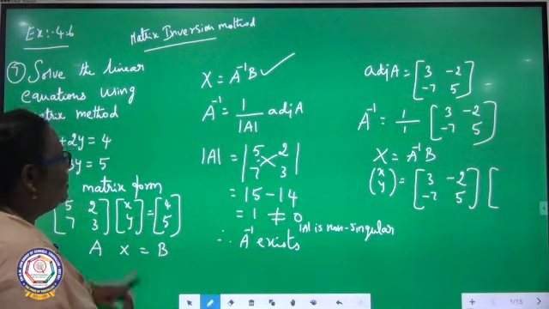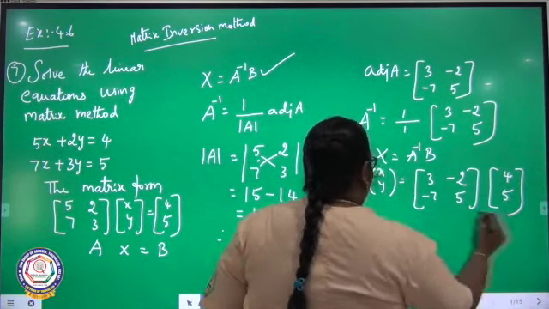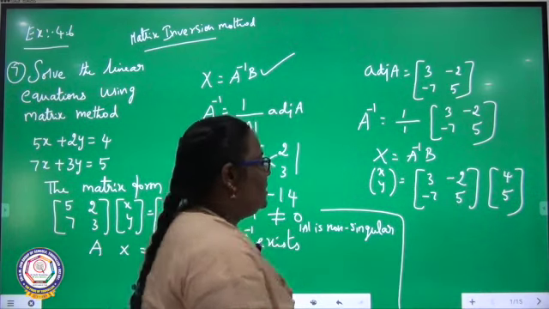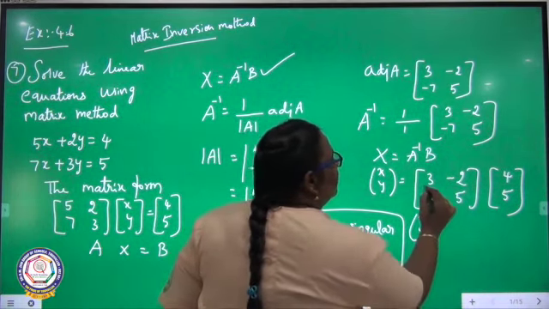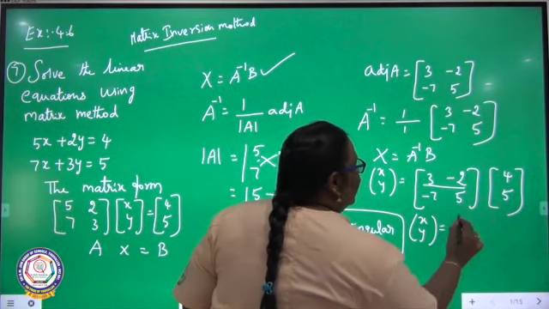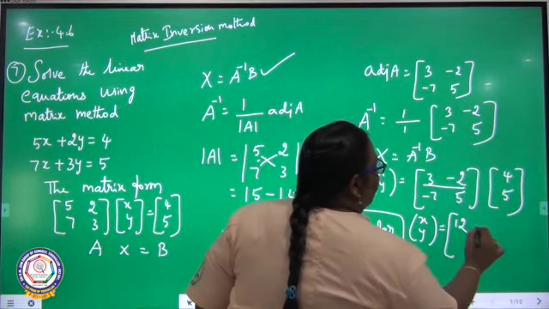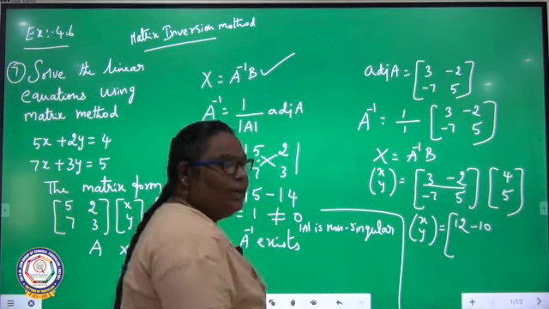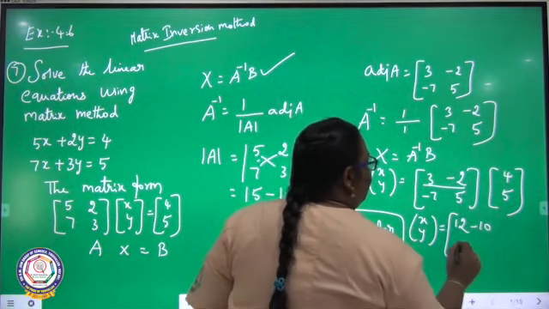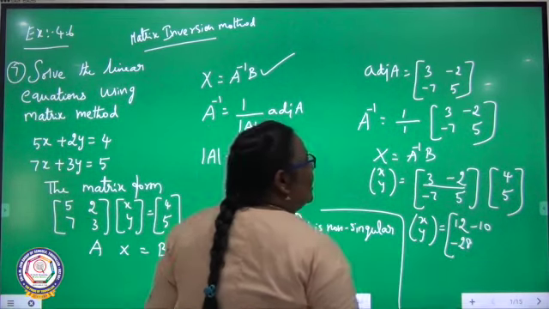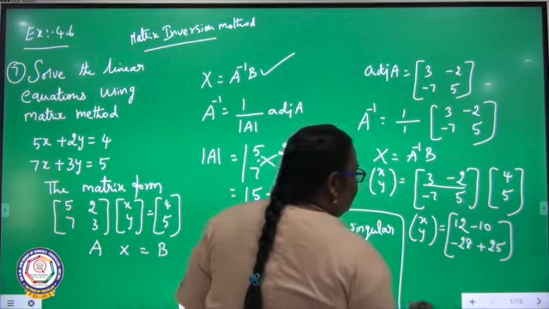The value of B is 4, 5. Now do the matrix multiplication: 3 4s are 12, minus 10, 2 5s are 10; 3 4s are 12 minus 10, minus 7 into 4 minus 28, plus 5 5s are 25.